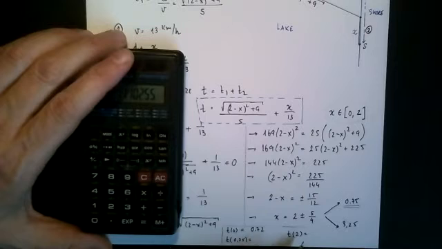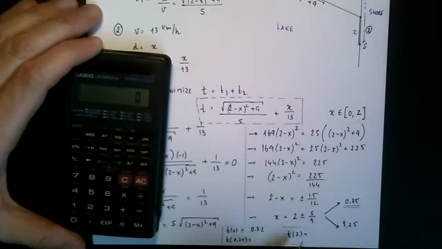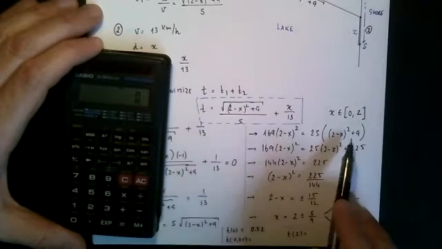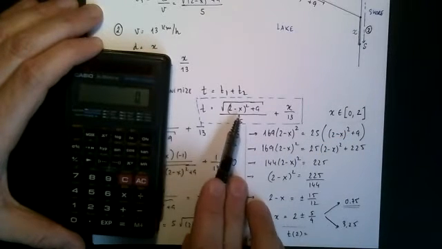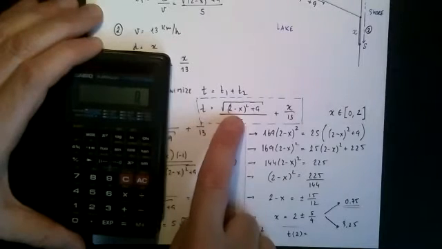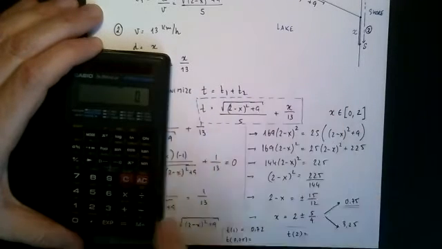Let's see at 2. Okay, so if x is 2, that means he rows straight to the shore and runs. So if it's 2 here, what do I have? I get 0 plus 9 is 9, square root 3 over 5 plus 2 over 13.